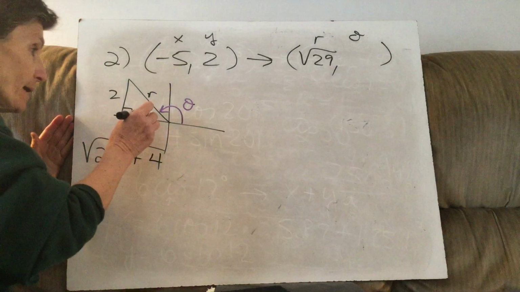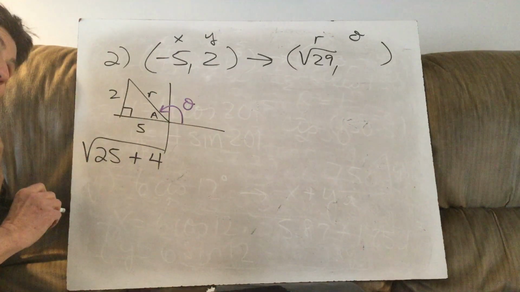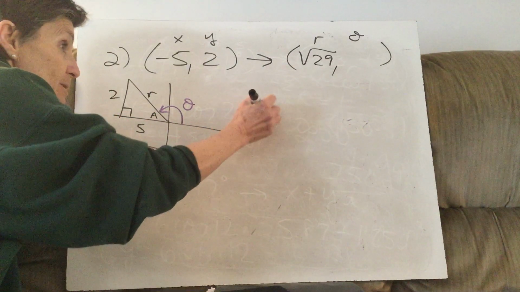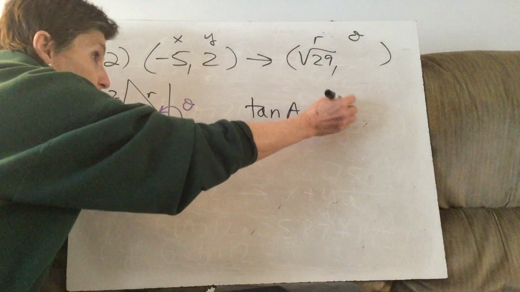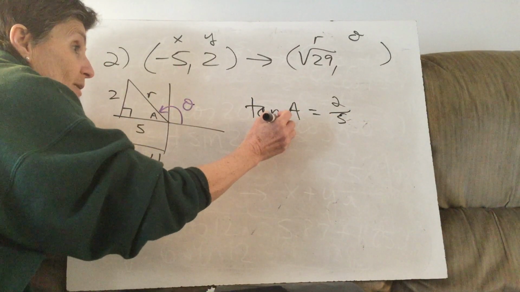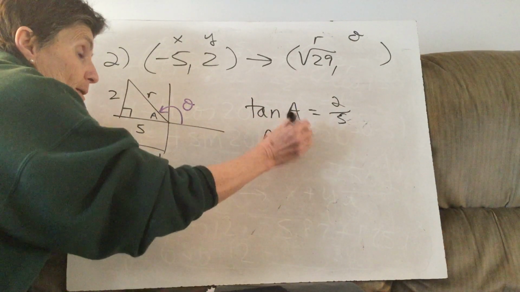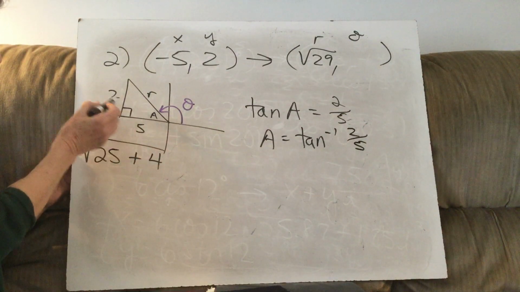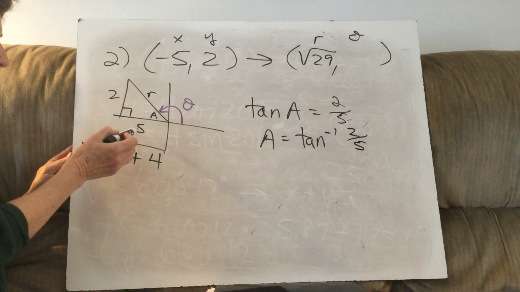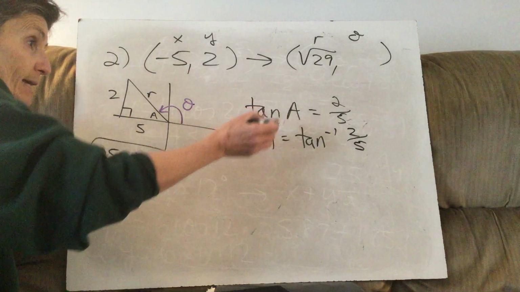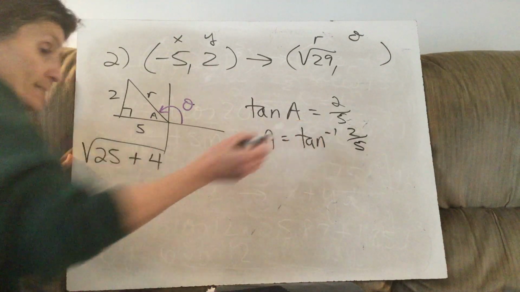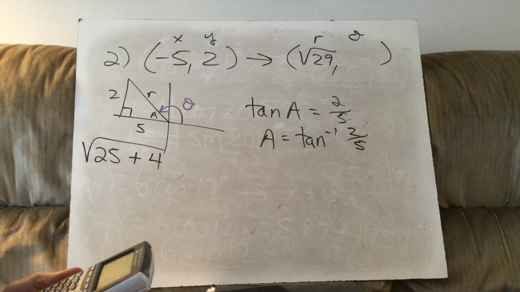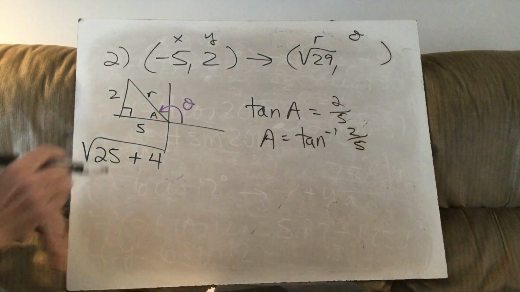Now, here's angle A. I've got to find that angle, so I know that tangent of that angle equals 2/5. So the angle itself is going to be inverse tangent of 2/5. Tangent is opposite over adjacent, so 2 over 5. That's tan A, so I need to get A by itself. So I'll take inverse tangent of 2/5, and inverse tangent of 2/5 gives me 21.8.